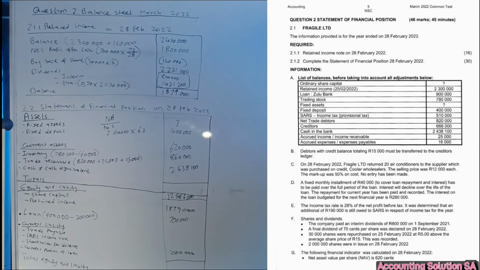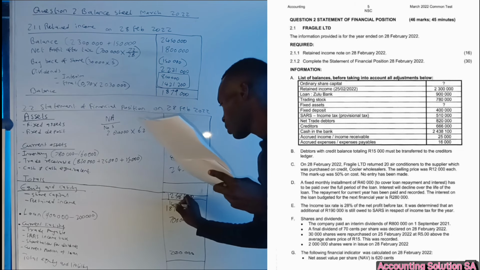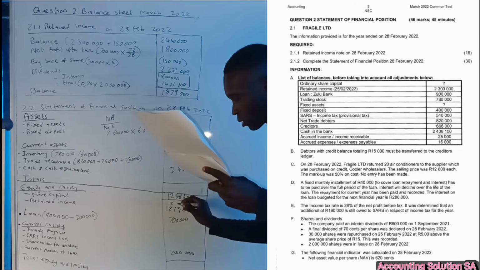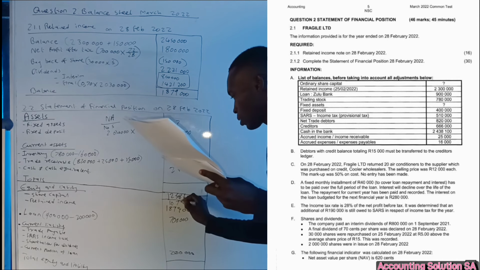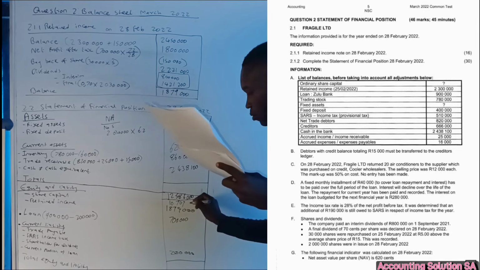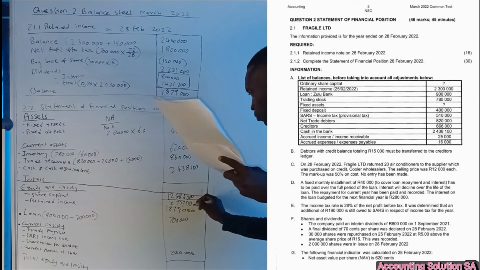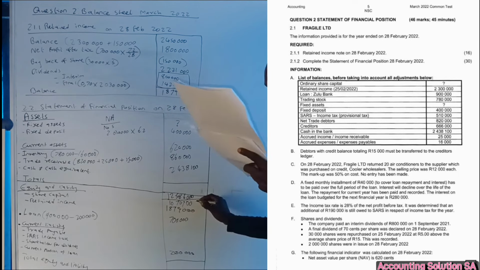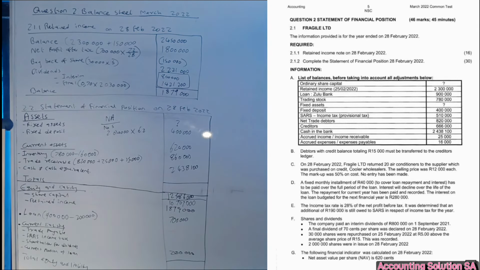Okay, we do the balancing figure and we're going to get an ordinary share capital of 10 million 707,000.